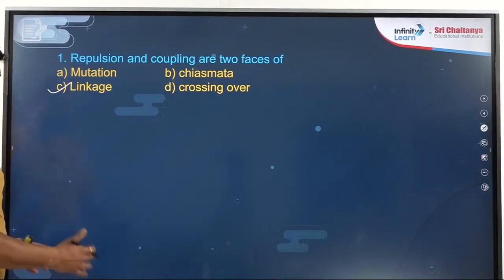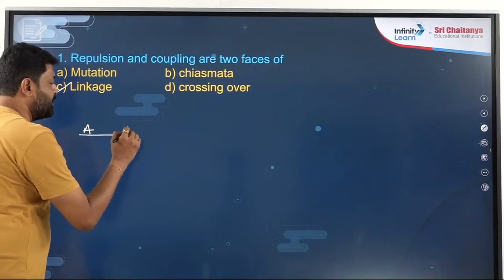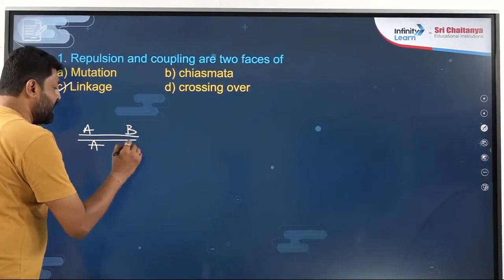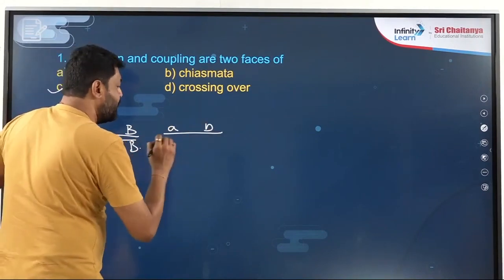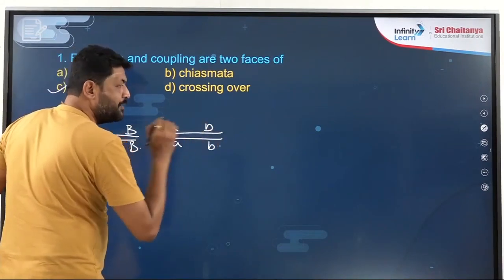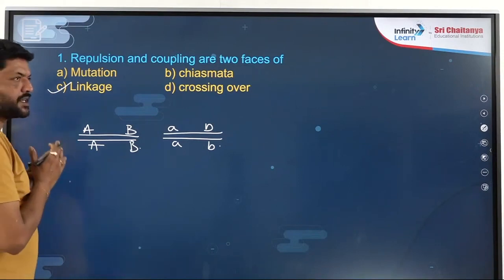Then, repulsion and coupling are the 2 phases of linkage. What is repulsion and what is coupling? Capital A, capital B on one homologous chromosome, and small a, small b on the other. If both dominant letters are present on the same homologous chromosome, this is called the coupling phase.